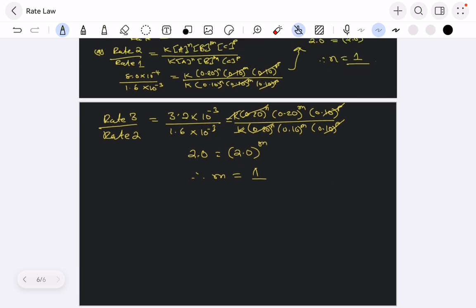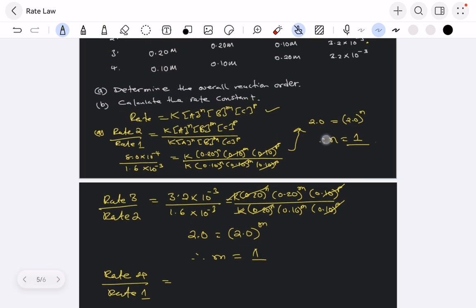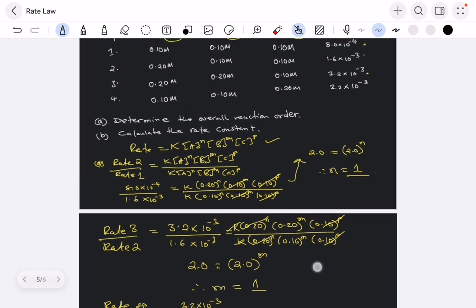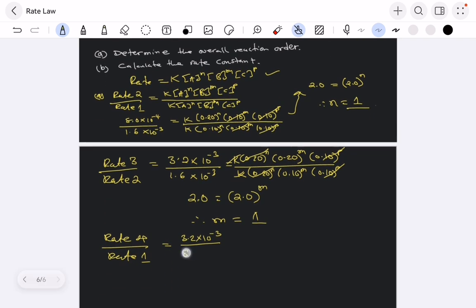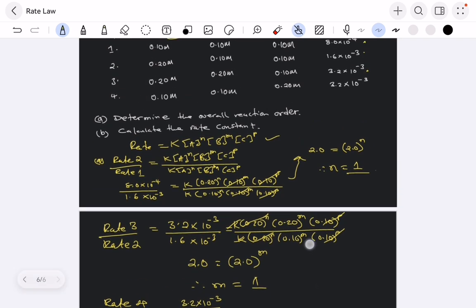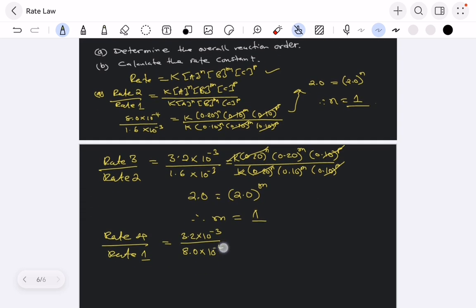Then for the last one, it is going to be rate 4 divided by rate 1. This is the only combination that will help us to find P. So when we look at 4, this is 3.2 times 10 to the power negative 3 divided by rate 1, which is 8.0 times 10 to the power negative 4.